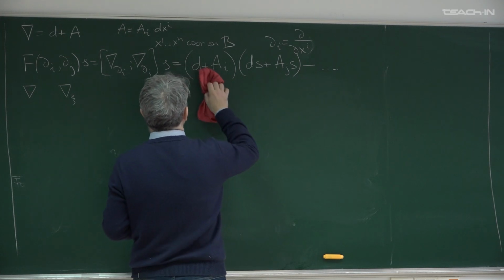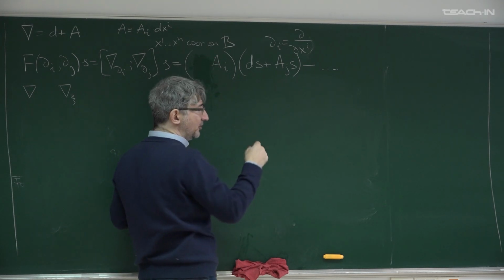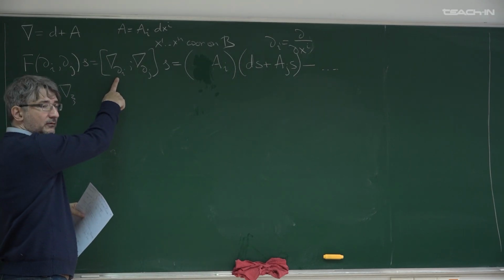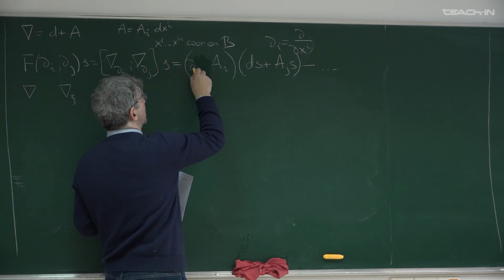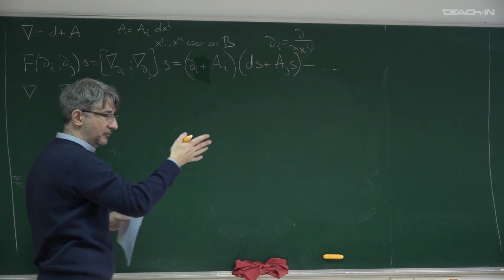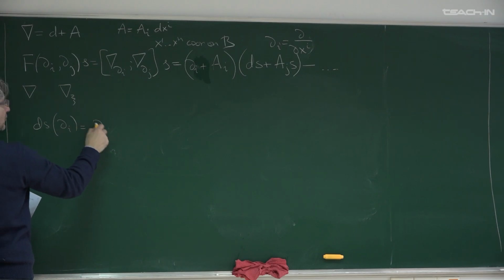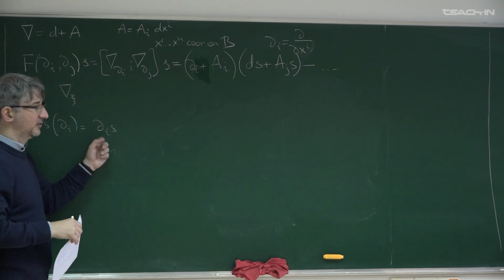So if you substitute into the differential this thing, what will we have? A partial derivative. If you calculate ds and substitute there d_i, you will obtain just the partial derivative of the section s along the basic vector field.